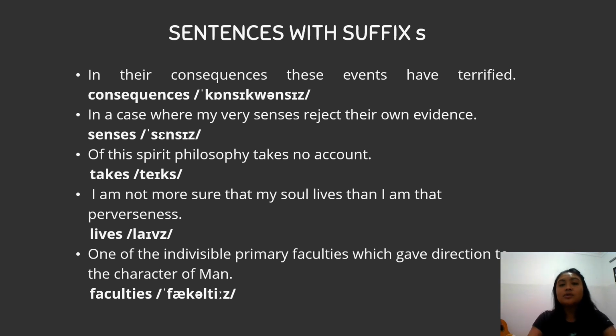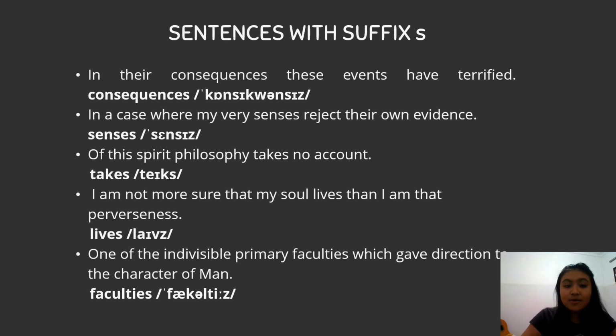Just like what I told you before, there are three types of ending with suffix s. There is as, is, and the. And you can see from the examples here, the first one, consequences, it ends with is. And then the second one, senses, it also ends with is. And then the third one, takes, it ends with as. And then next, lives, it ends with the.